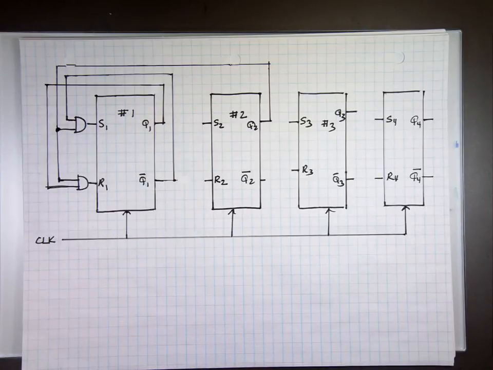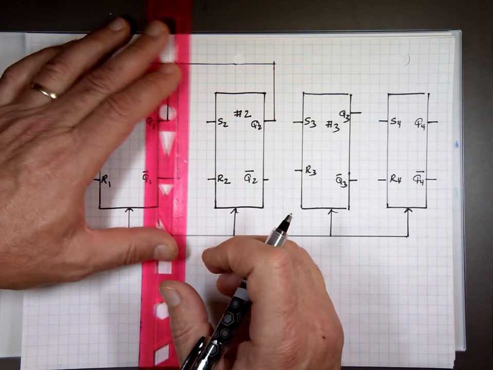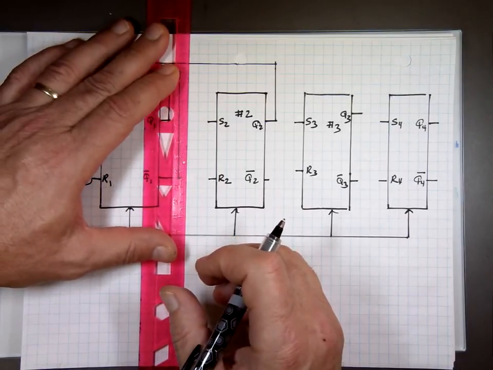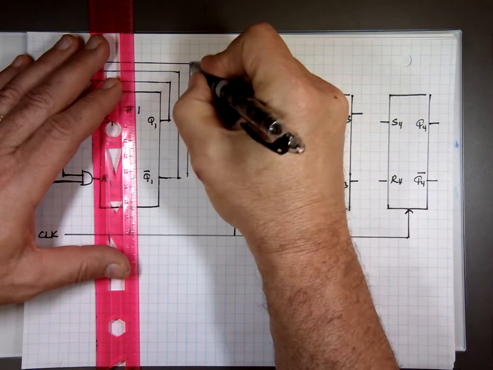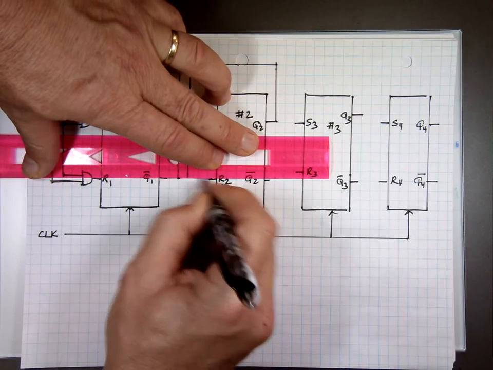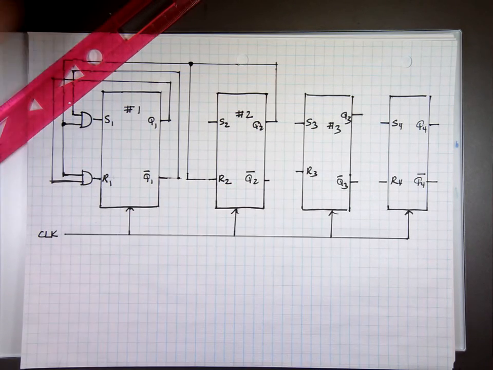Now S2 is easy. And R2. R2 is actually Q2. So here's Q2. To R2, you're going to attach Q2 here. Attach it here, notice. And this is what R2 is. S2 is going to be what? Q2 not.